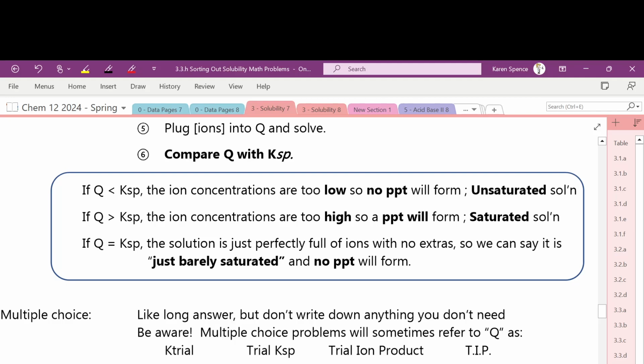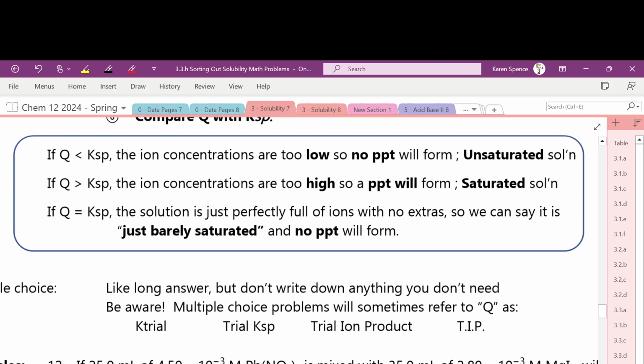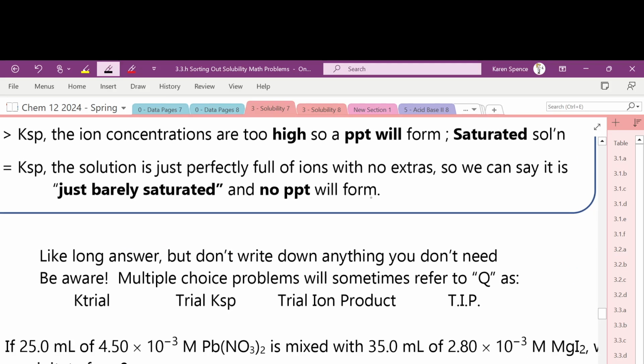Multiple choice, you just don't need to write anything down if you don't want to. Just be aware, Q can be called K trial, trial KSP. It can be called the trial ion product, or it can be called the TIP, which stands for trial ion product.